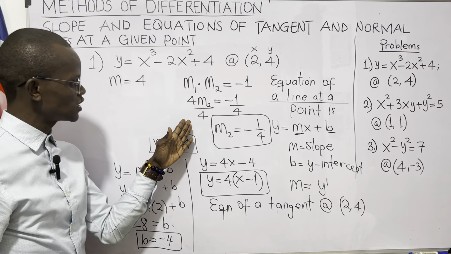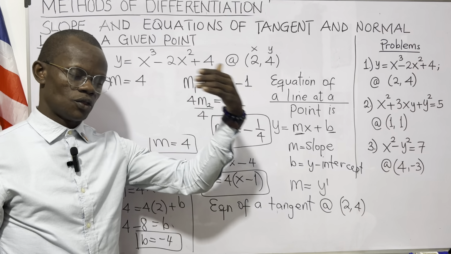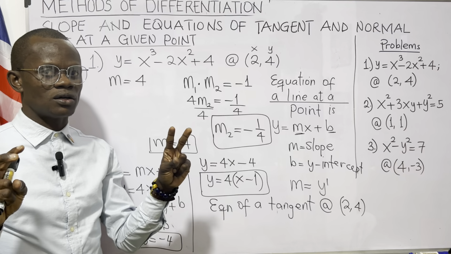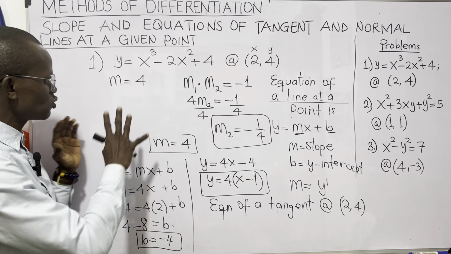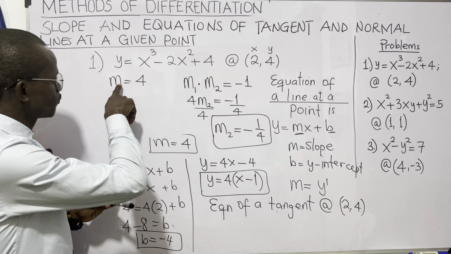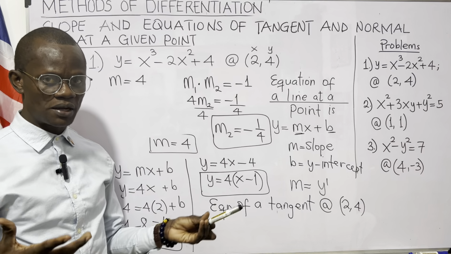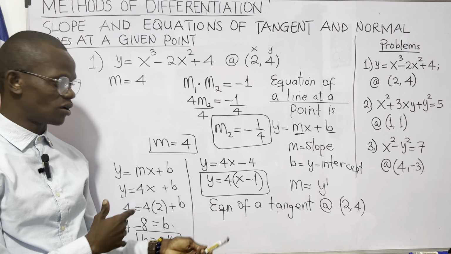This is how we calculate the slope of the other line when two lines are perpendicular. When two lines are parallel, their slopes are equal. So if these two lines were parallel, the slope of the tangent line would be equal to the slope of the normal line.